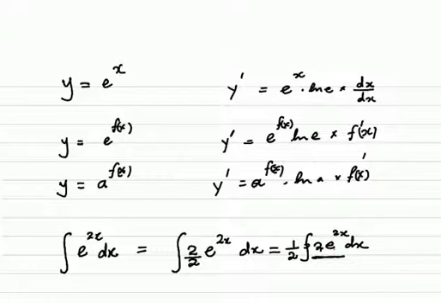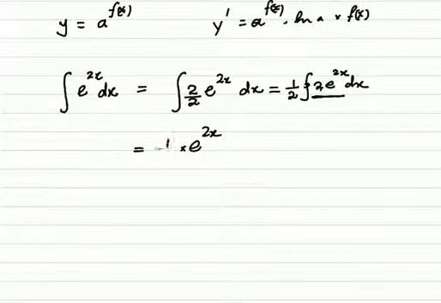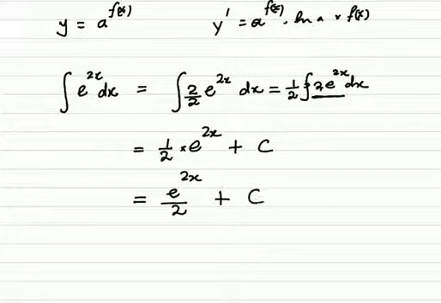Then we can answer the question: the integral of this function is equal to e to the power 2x, multiplied by this constant outside the integral sign, plus c. Simplifying, we've got e to the power of 2x over 2 plus c.